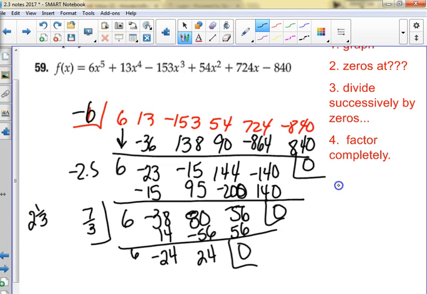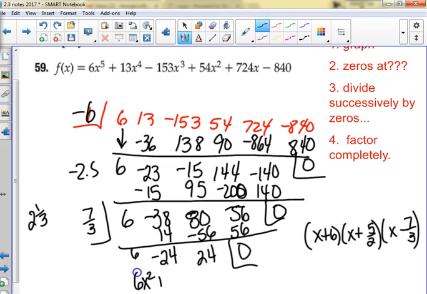Okay, so what we came up with, guys, so the factors we have so far are x plus 6, x plus 5/2 or 2.5, x minus 7/3, and this. But look, 6x squared minus 24x plus 24. What can we take out of all that?